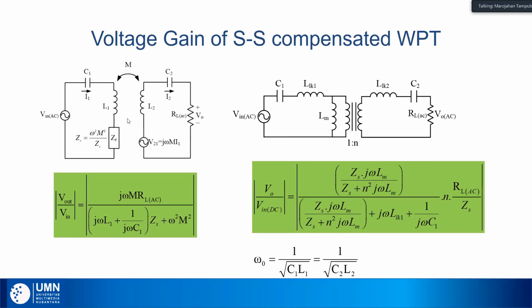This equation here, the voltage gain G_V, is equal to j omega M R_L,AC divided by j omega L1 plus Z1. Okay, it's difficult to read it here in English, so you can just see the equations here.